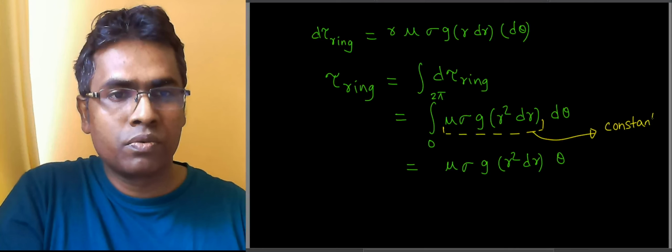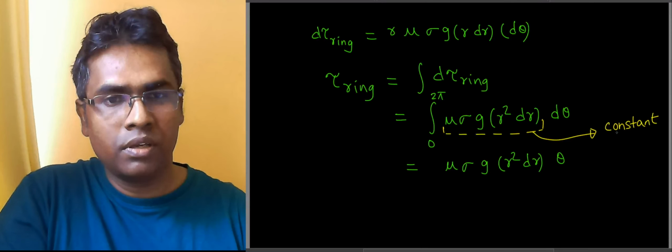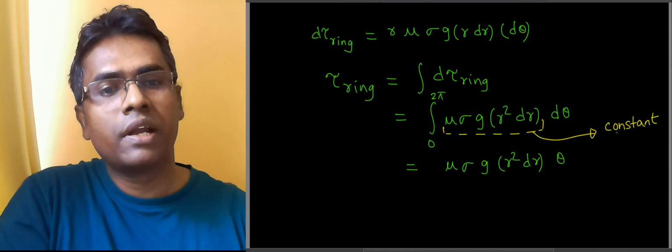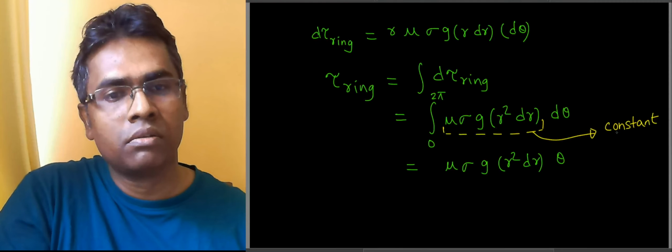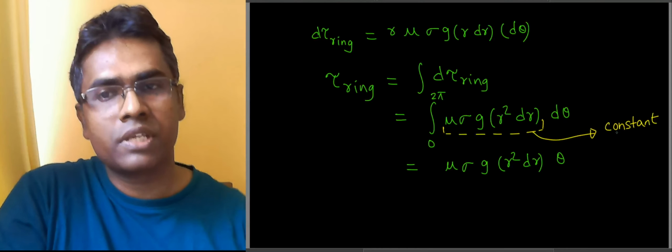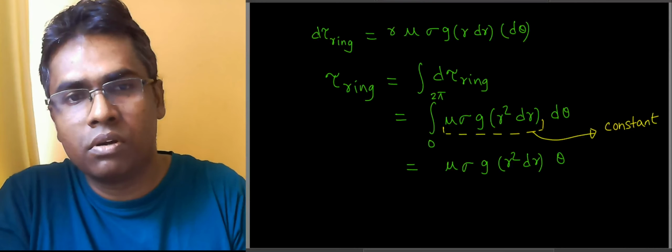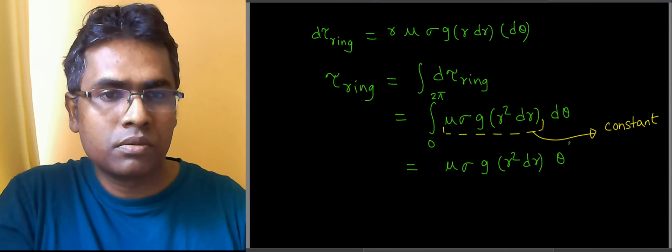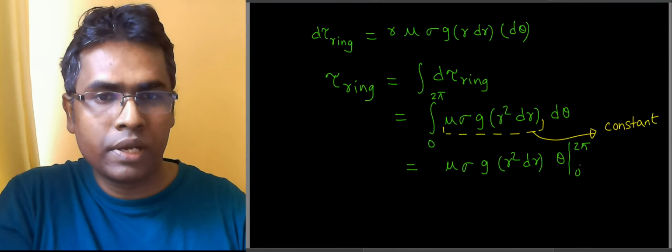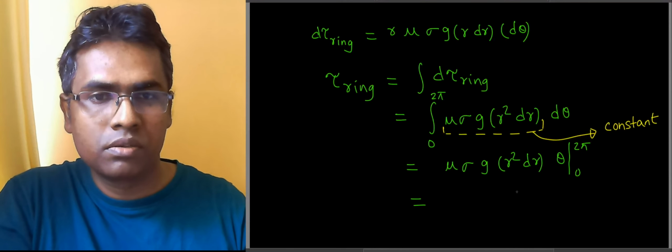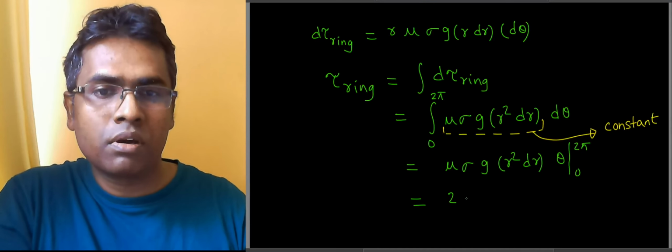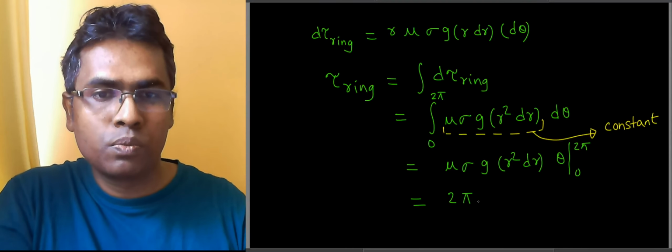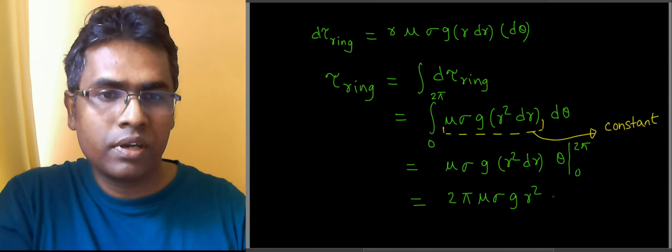Later on, when we shift from ring to ring, then we will integrate with respect to r. Right now, since we are only integrating with respect to theta, all these quantities are constant. So the limits are 0 to 2 pi, and then I get 2 pi there. I can bring that to the front. So the torque experienced by the ring is 2 pi mu sigma g into r square dr.